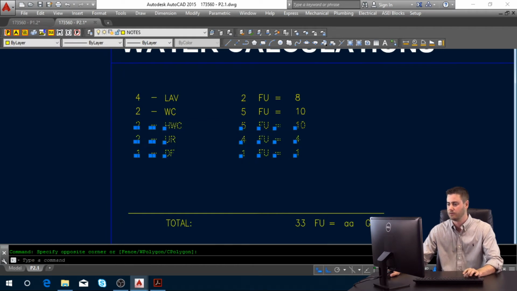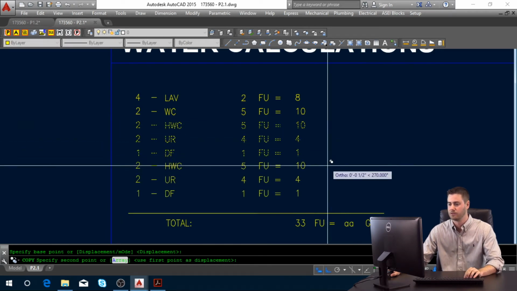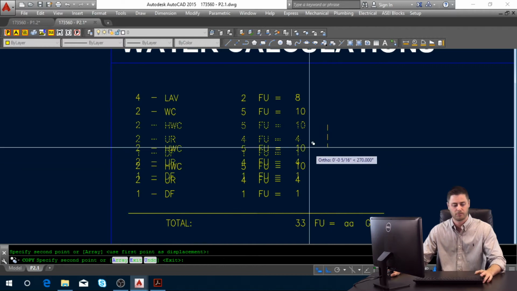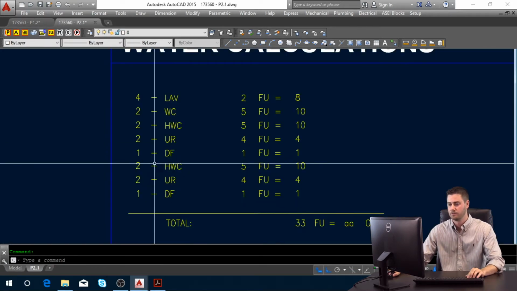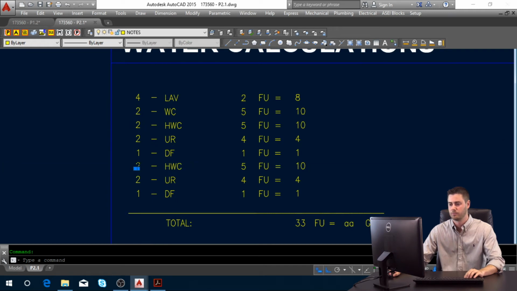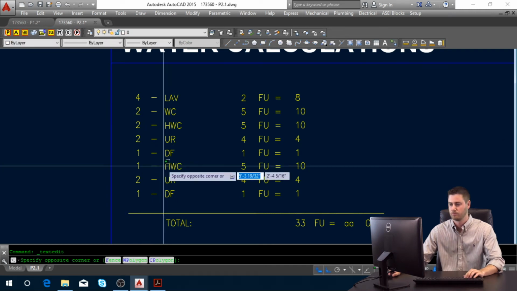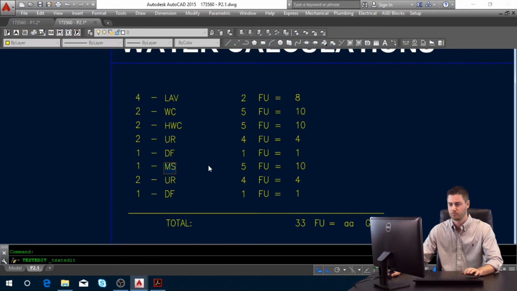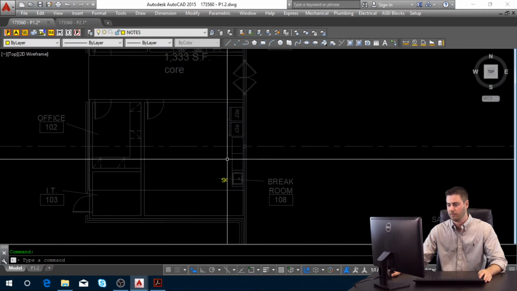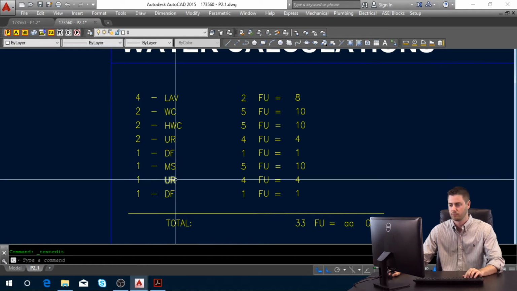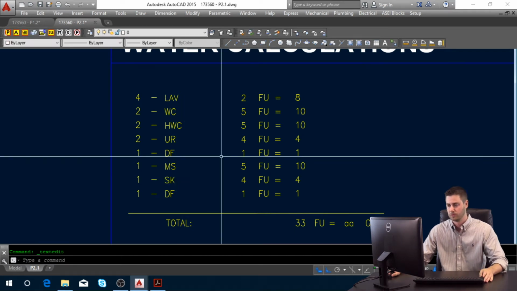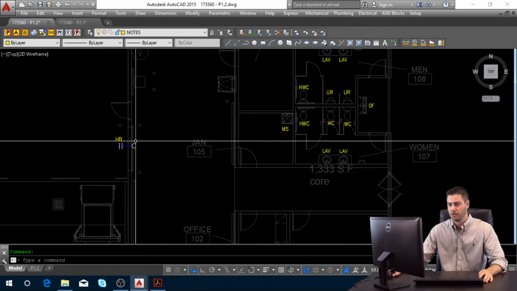Copy some of these down to give yourself some more space to work with. We have 1 mop sink. We have 1 break room sink. And 2 hose bibs.